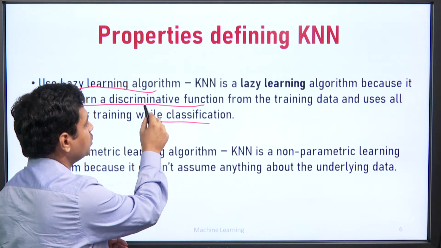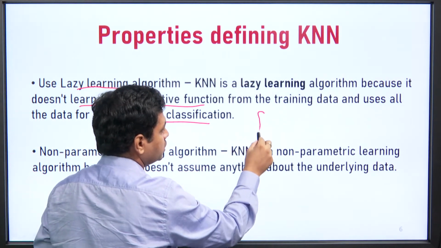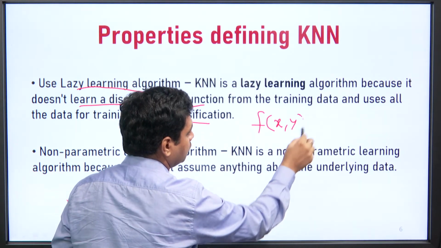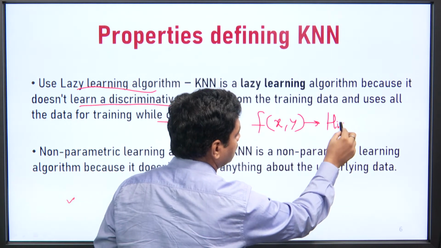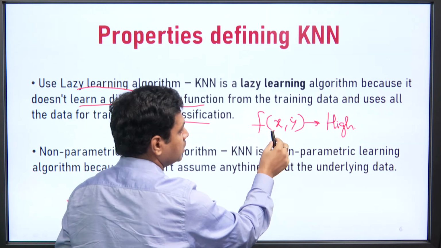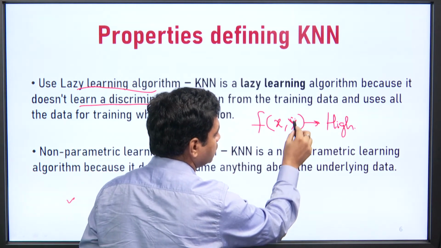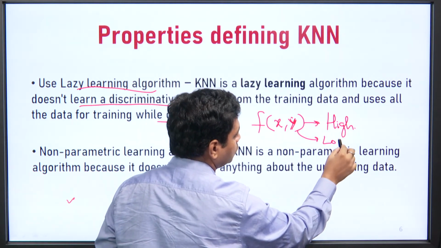So, what is a discriminative function? It is a function f of x comma y. This value will be high when y is the correct answer to x, but if y is not the correct answer to x, then this function will have a low value.